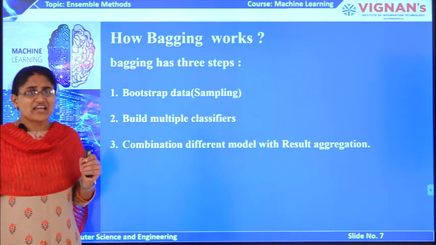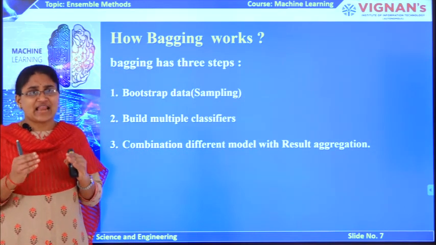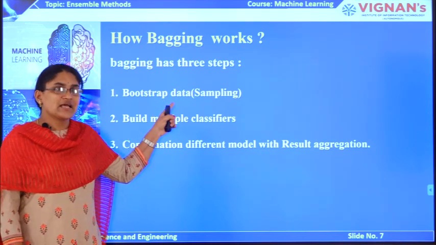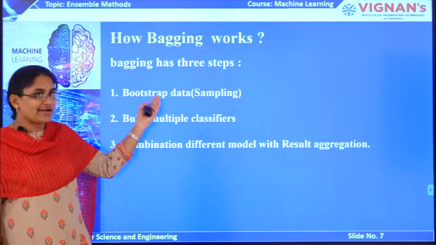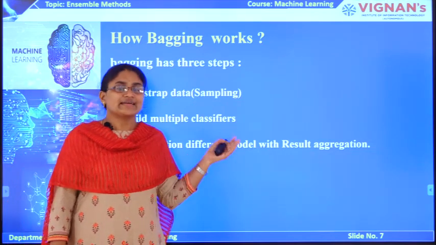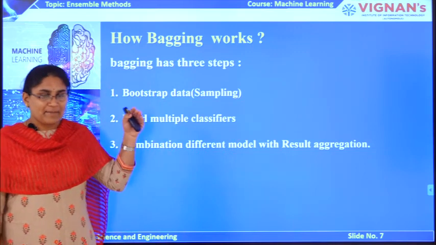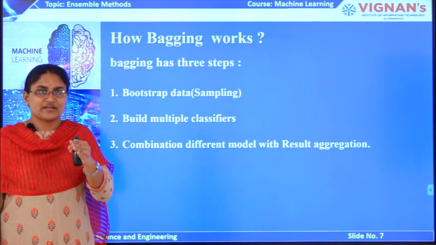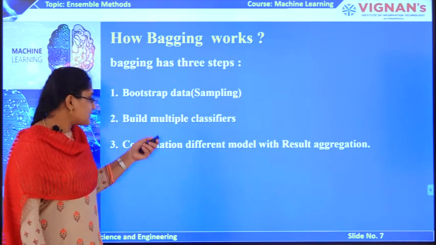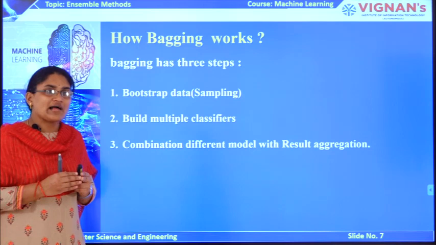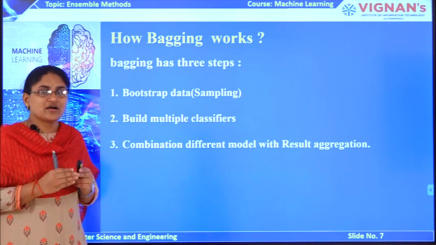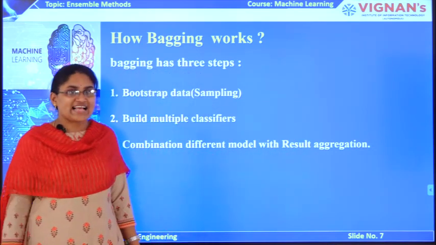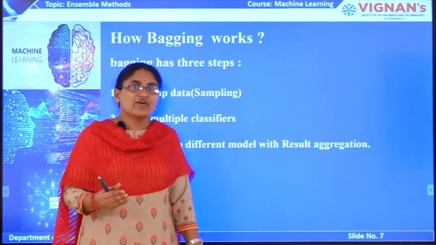Here we apply multiple classifiers on the previous step's output, meaning multiple classifiers are applied on the different subsets of the data sets. After applying the multiple models on the different subsets, we combine all the predictions of the different models by using some aggregation or the voting classifier for our final fit of the model.